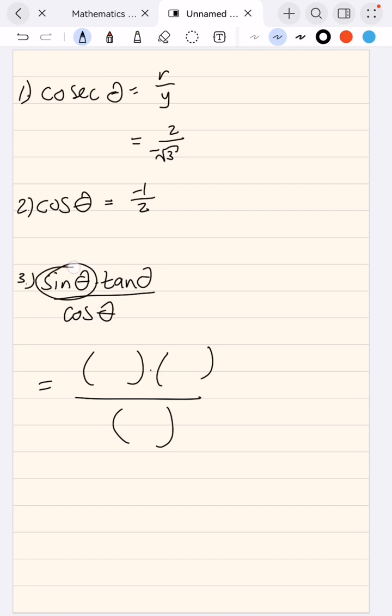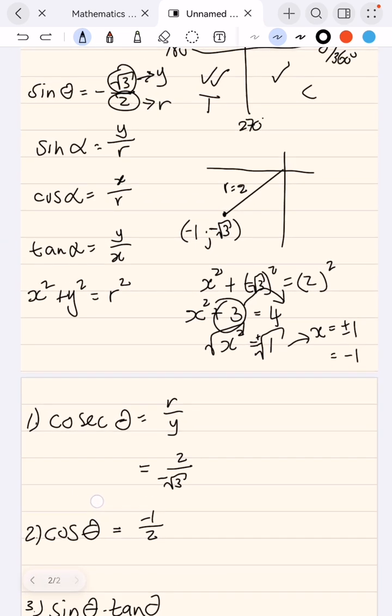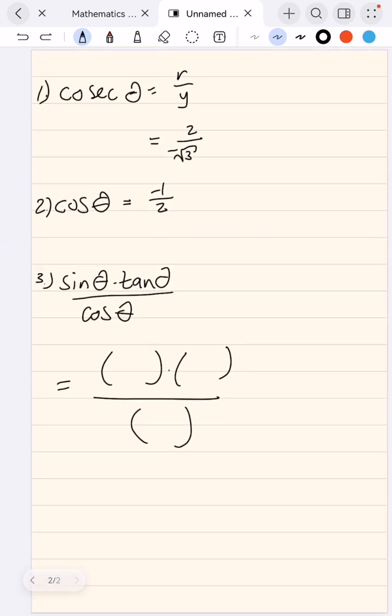What's the ratio for sine? For sine, we know it is going to be y over r. Our y value is negative square root of 3. Our r value is 2. Tan was y over x, so negative square root 3 over x, which was -1. And cos we have there as -1 over 2.